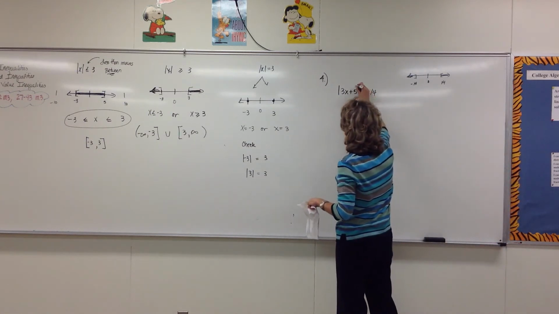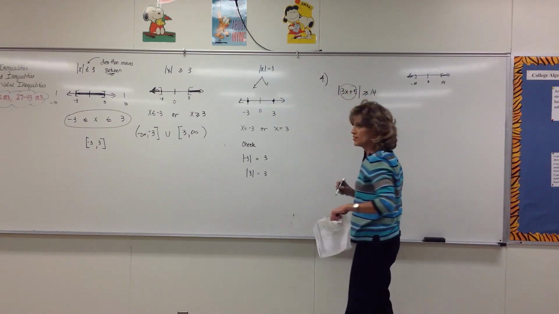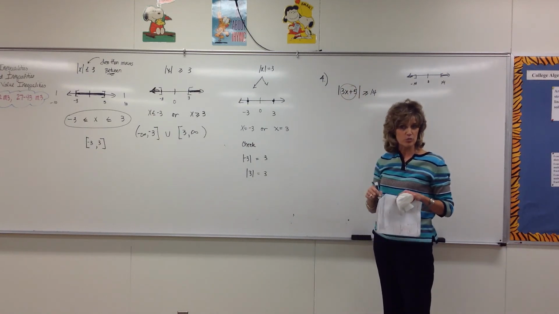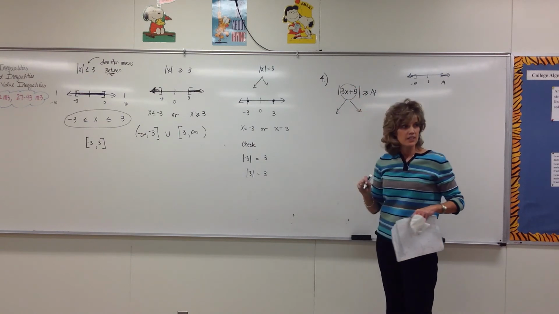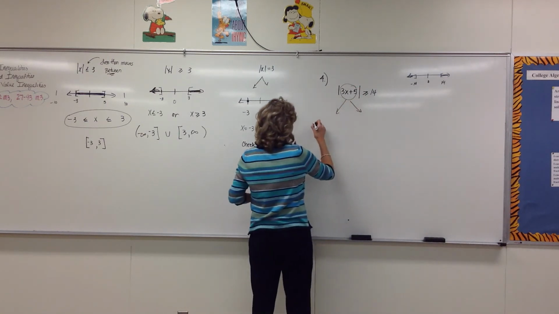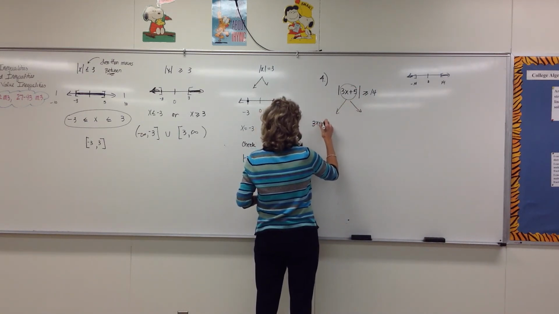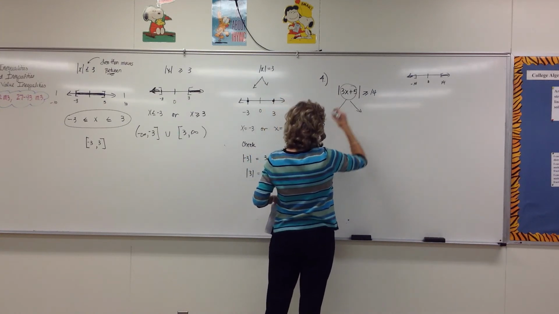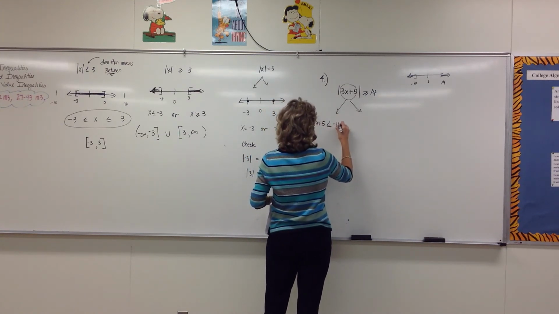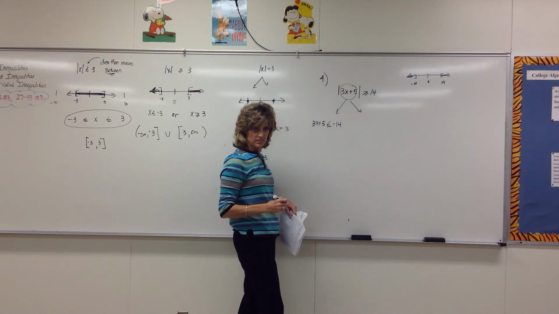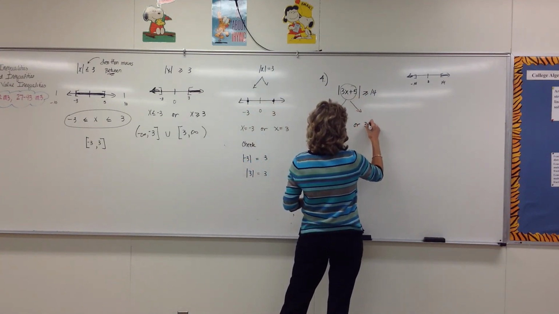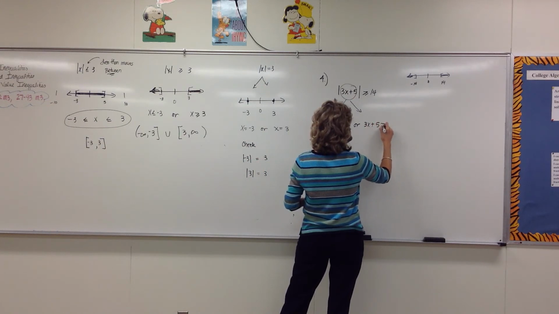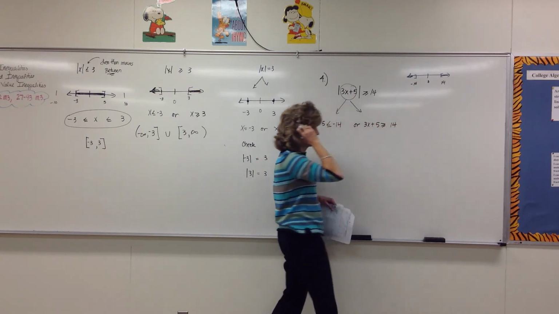So whatever is inside of this absolute value bar, you never rewrite the absolute value bar when you split it into two pieces. 3x plus 5 has to turn into a number that's smaller than or exactly -14, or 3x plus 5 has to turn into a number that's greater than or equal to +14.